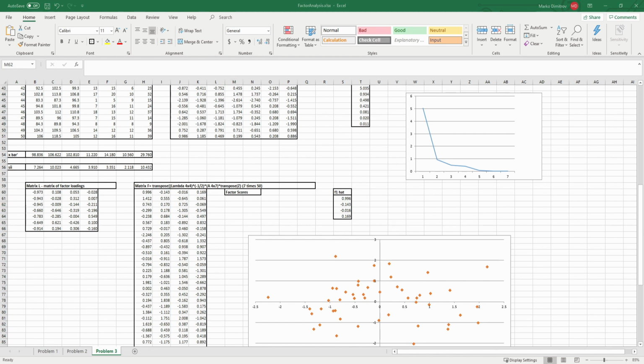So what we should first note here is that those factor scores differ depending on the method you use. If you use the method of maximum likelihood, then you can obtain those factor scores, those numbers, a little bit differently. You can imagine that those factor scores are actually some kind of estimation of our unobservable variables.